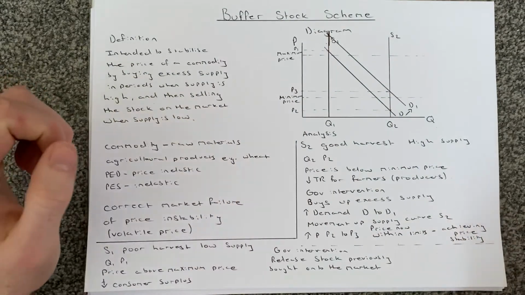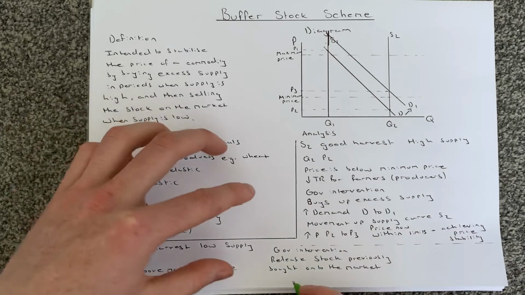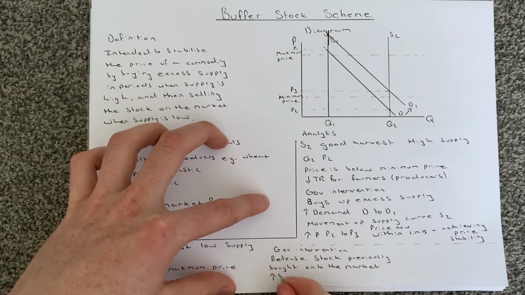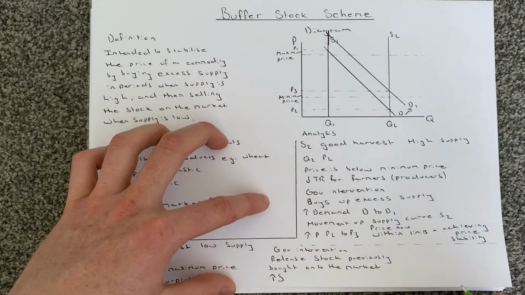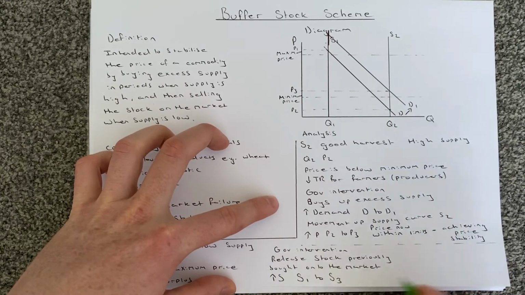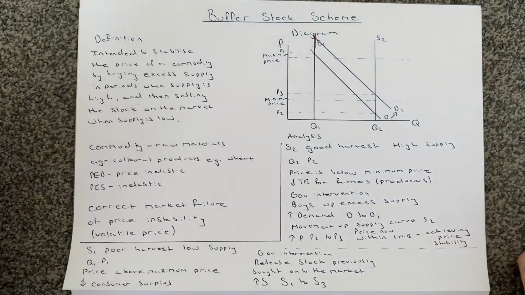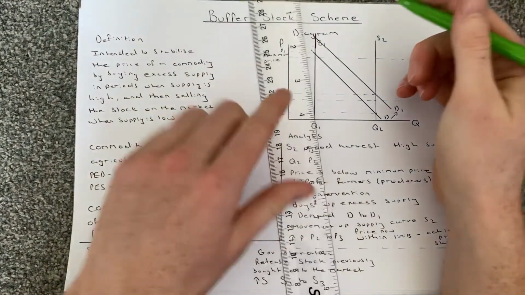So by releasing stock that the government previously bought up onto the market, it's going to lead to an increase in supply. And it's going to increase supply from S1 to S3. And we can add that new supply curve on to our diagram.